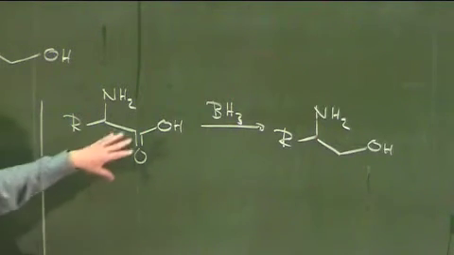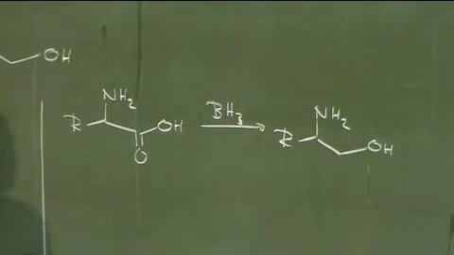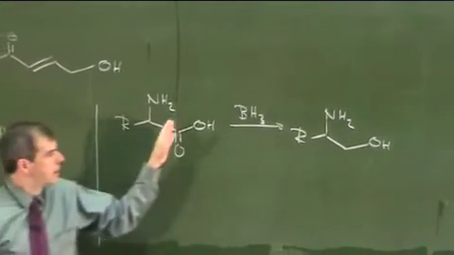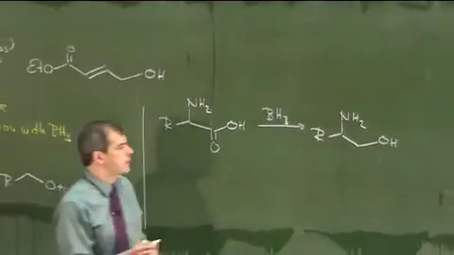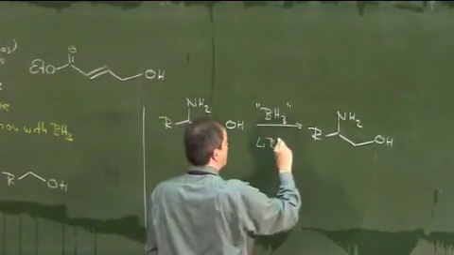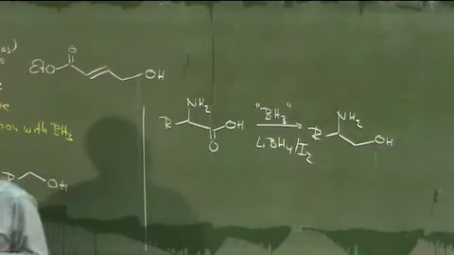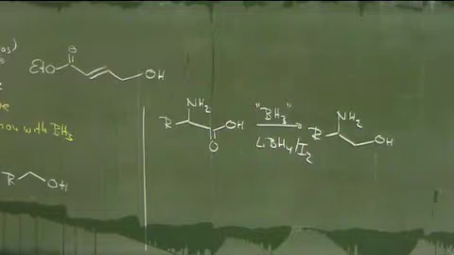And one way is to first form the methyl ester here and then do the reaction with lithium aluminum hydride. But you can directly use this protocol. And again, commonly, you will create the borane in situ in order to have your reagent going.